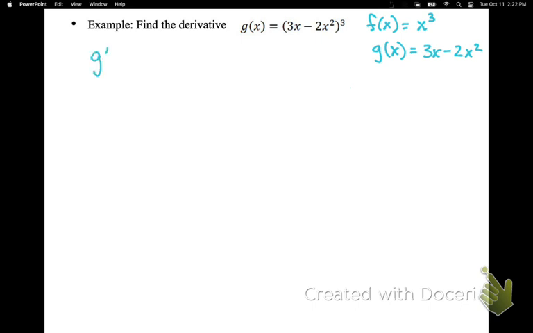So the derivative is going to be the derivative of the outside with g of x in it. So the derivative of x cubed is what? 3x squared. But our x is going to be what? 3x minus 2x squared, all squared.